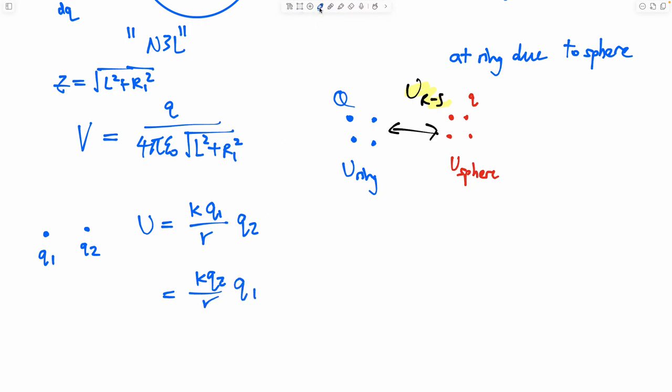Do you see what I mean? You can either write it as V1, or you can write this as V2. It does not matter. It's like Newton's third law, right? Both forms are equivalent.